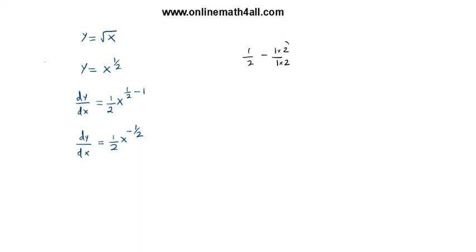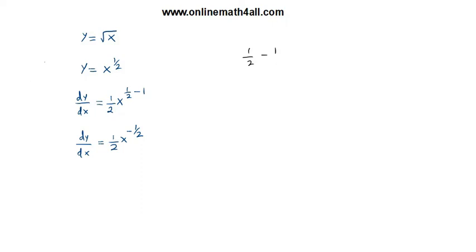Since I need to have the same denominator 2 for both the fractions, I multiply both numerator and denominator here by 2. I get 1/2 minus 2 over 2, which is equal to 1 minus 2 over 2. So here the two fractions have the same denominator, so I take the denominator once and subtract the numerators. So 1 minus 2 is minus 1 divided by 2. So 1/2 minus 1 is equal to negative 1/2.